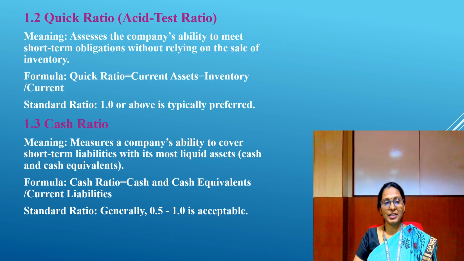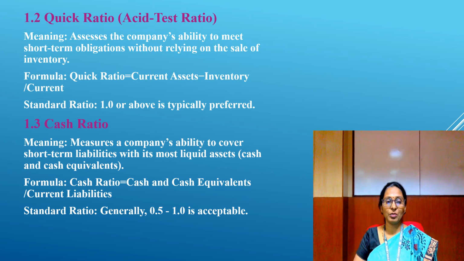In testing the liquidity position of an organization, we have another category which we call the quick ratio, or the acid test ratio. This acid test ratio assesses the company's ability to meet its short-term obligations without relying on the sale of inventory.